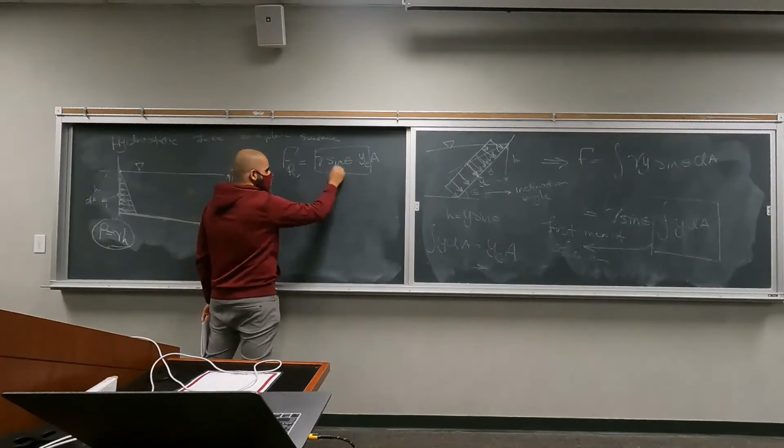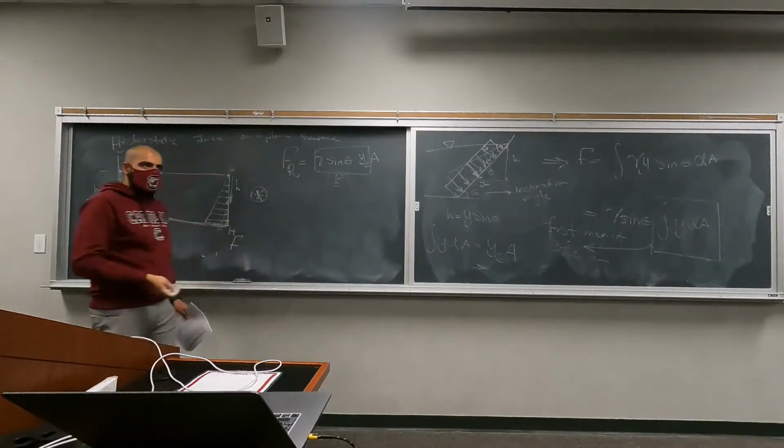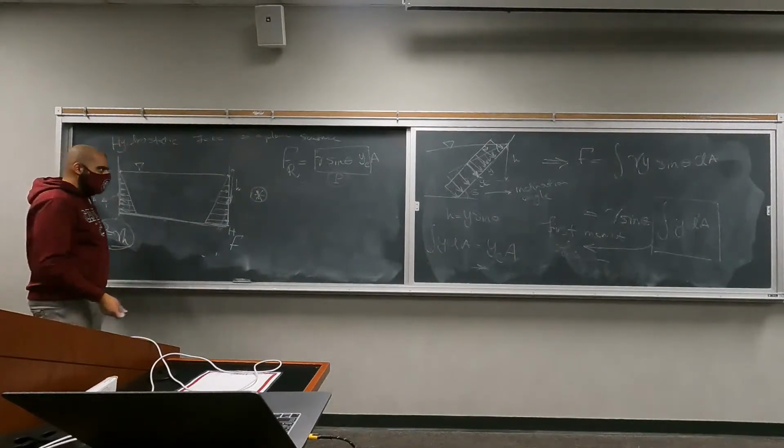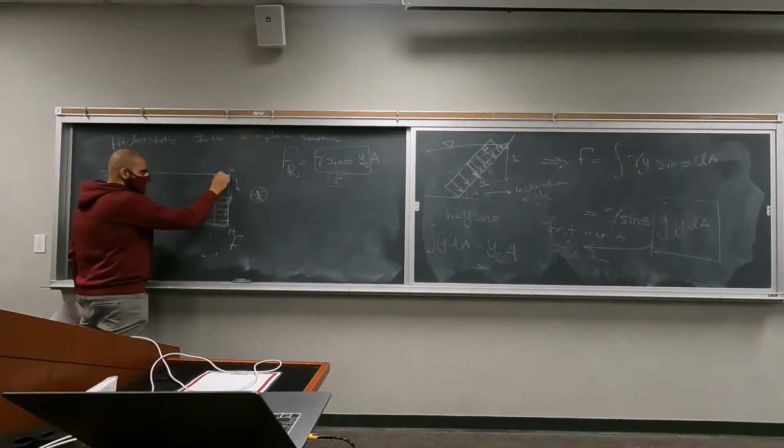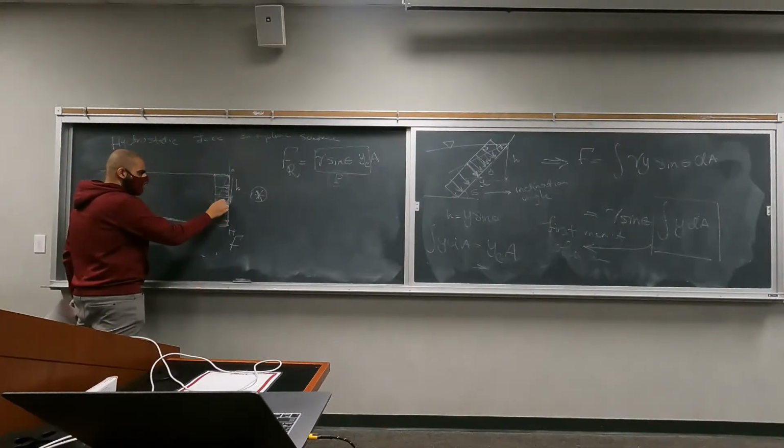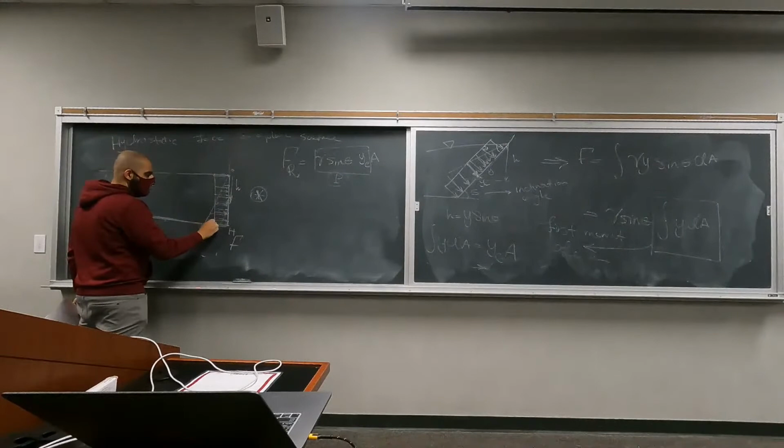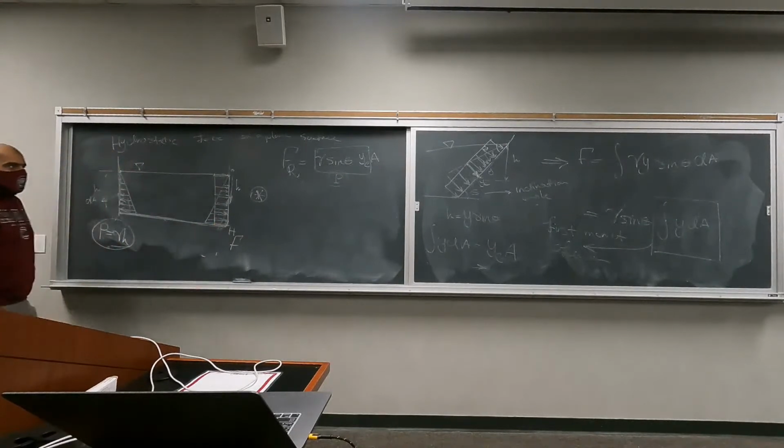You multiply that by the area. This is helping us assume that the pressure on the wall is essentially a uniform pressure. But where is that resultant force being applied? Is it the centroid or not?